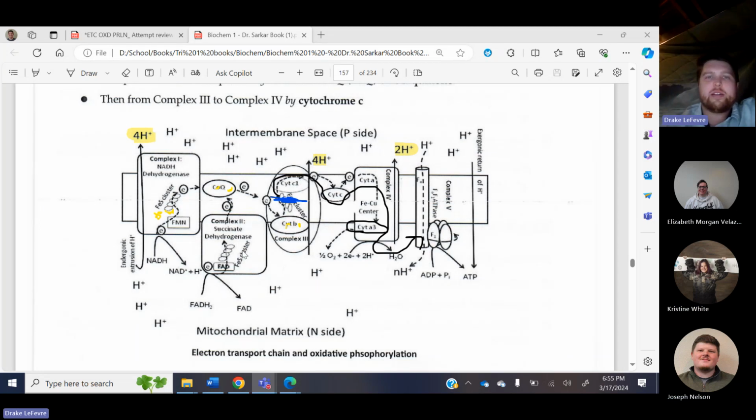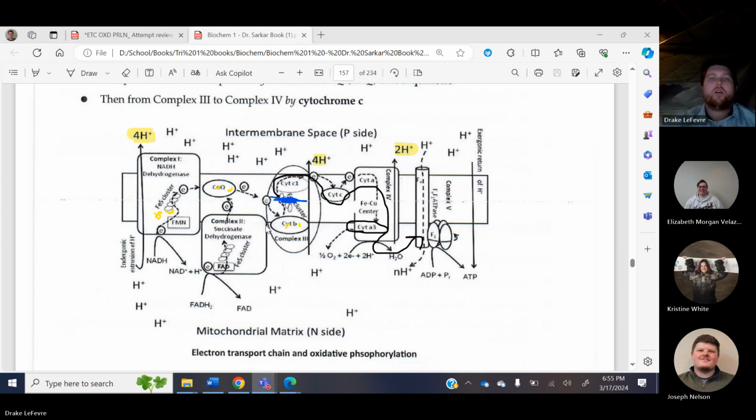So what we want to understand is the biggest thing. We'll look at the main big components, okay? We have the different complexes, complex 1, complex 2, complex 3, 4, and then 5 with our ATP synthetase chunk as well.